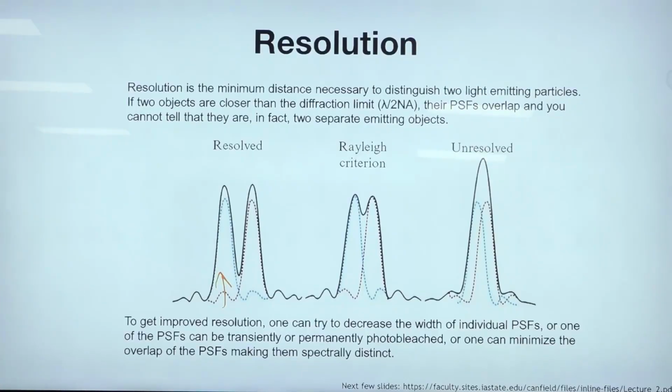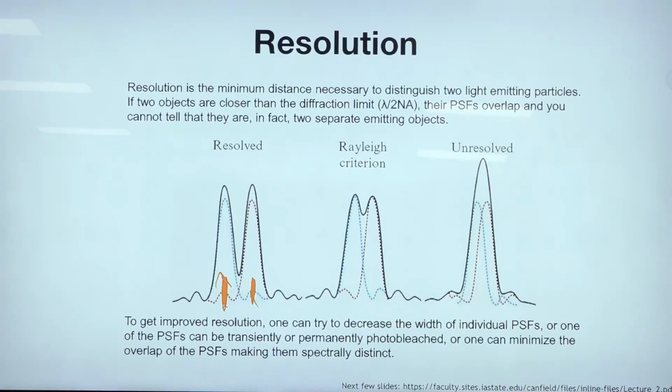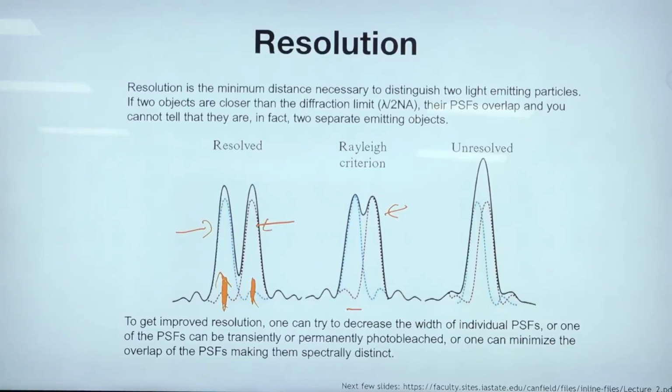And if you have a second object here, and they are close to each other, but you can still separate this peak from this peak, then you can distinguish the two dots, and therefore they have been resolved. And if they get close to each other such that you could almost resolve them, but just barely, then this is the diffraction limit. There are different criteria you can use for figuring out the value of resolution. The Rayleigh criterion is a very common one.